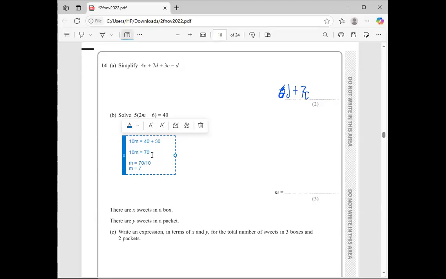Okay. Total number of sweets in 3 boxes and then 2 packets. So let us look at 3 boxes. X sweets per box.